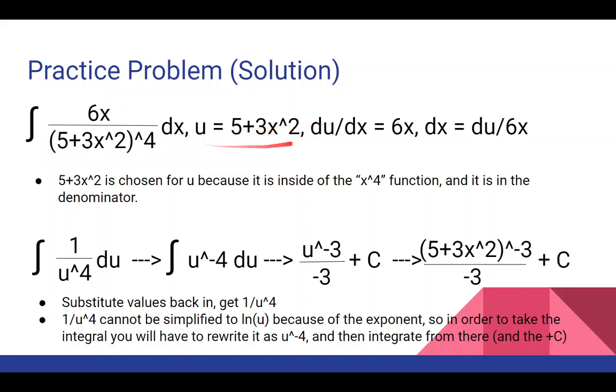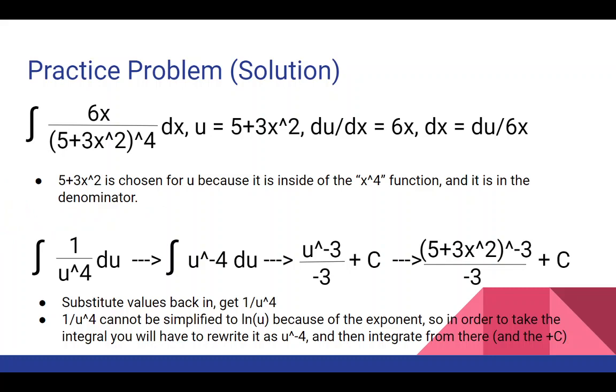So that would be our u value, and then we would find the derivative of that, which would be 6x, and then dx would be du over 6x. And from there we plug everything back in, so we have 6x over u to the 4, and then du over 6x, and the 6x's would cancel out, so we'd be left with 1 over u to the power of 4 du.